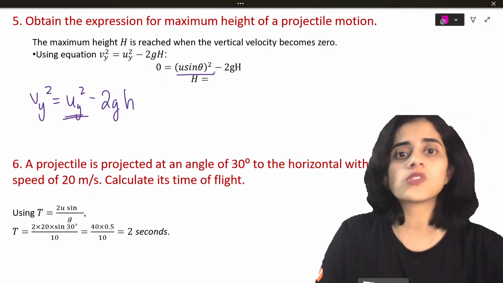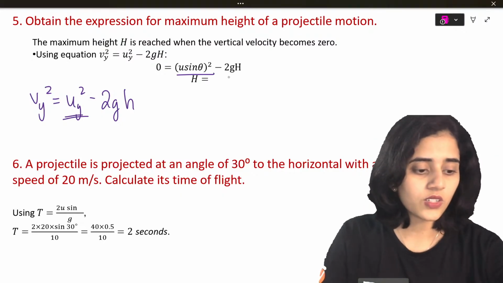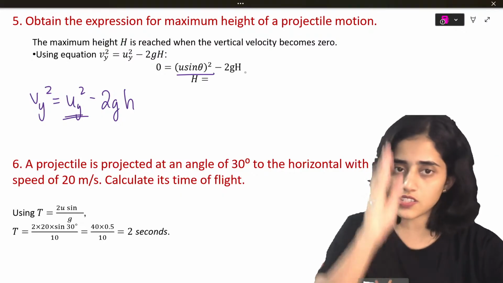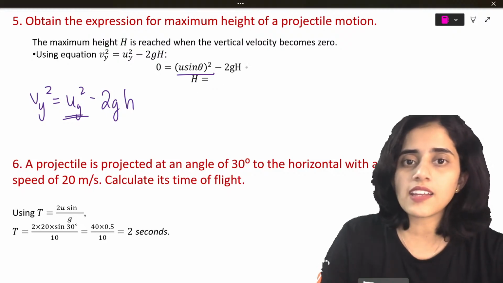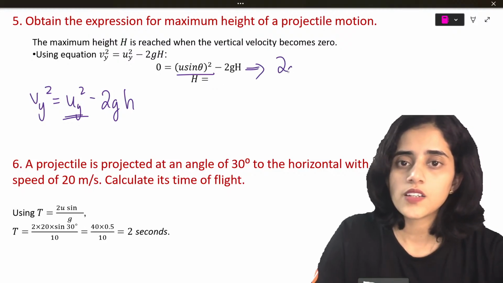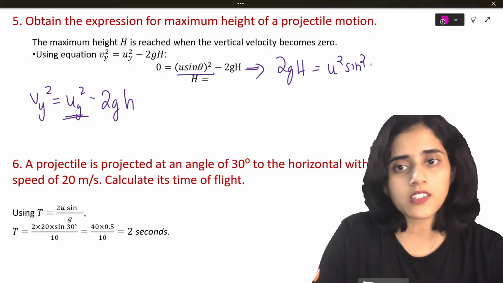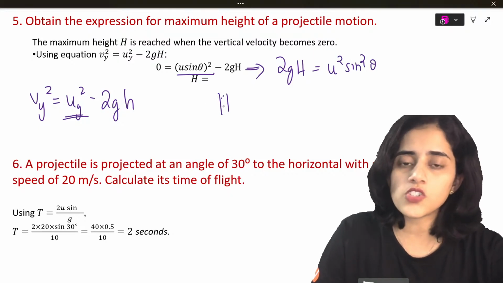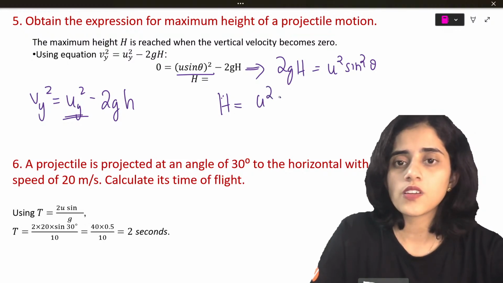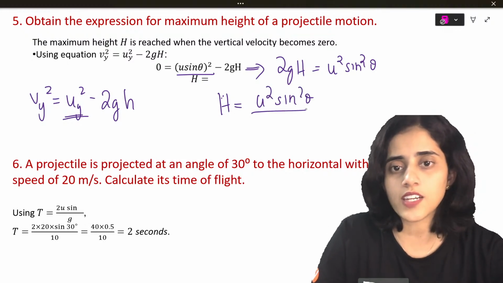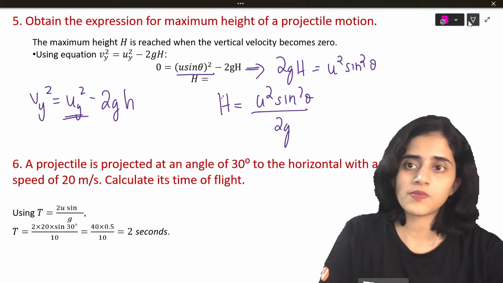So you will get 0 equals u sine theta square minus 2gh. H is the height. So from this, I can write 2gh is equal to u square sine square theta. So h is equal to u square sine square theta by 2g.